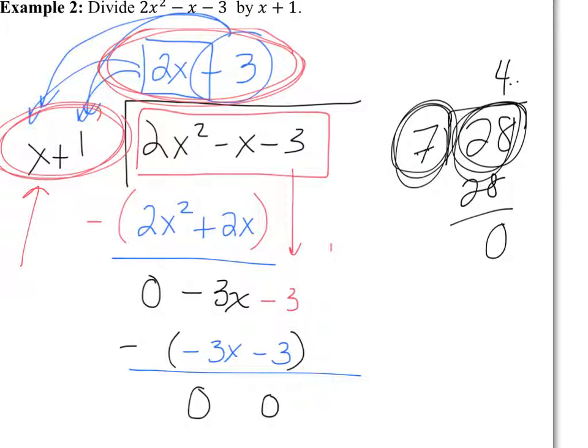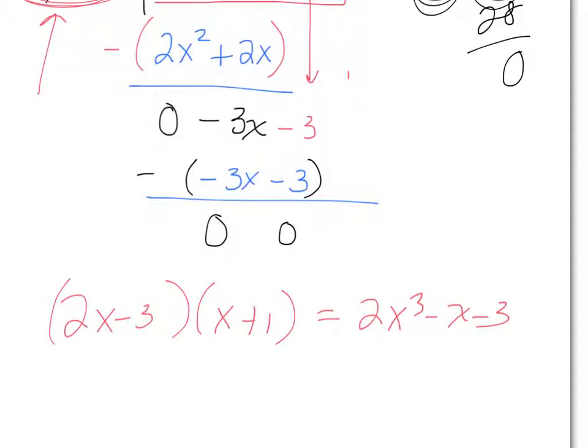Well, now the remainder came out to be 0 here, so the quotient 2x minus 3 and the divisor x plus 1 are factors. These are factors of the dividend. So I was able to write that last statement. This is true. It is not my answer. I'm just writing that statement down. Little asterisk, okay?